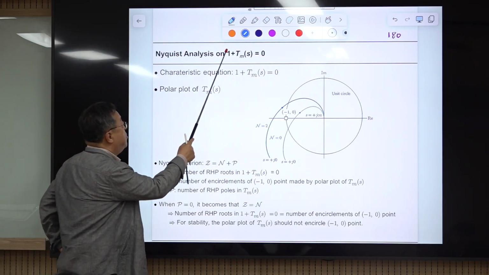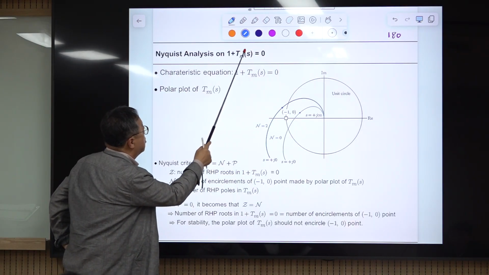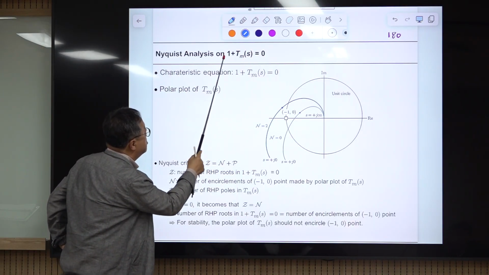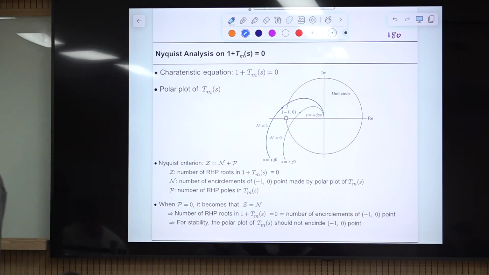Suppose you have this type of equation, where S is a complex variable. The question is whether this equation has any root in the right half plane, because if there is any root in the right half plane, that means the system is unstable. It really doesn't matter whether there is a feedback or not. Let me draw this.